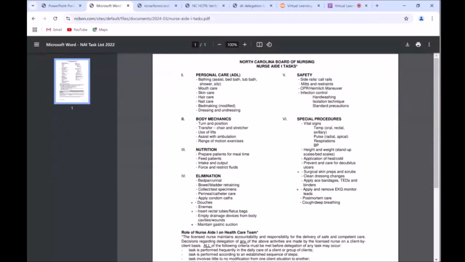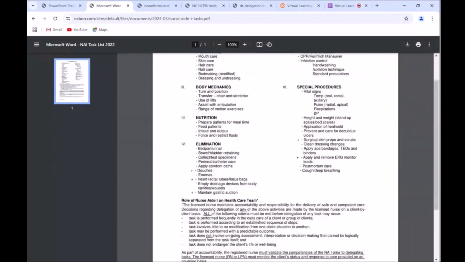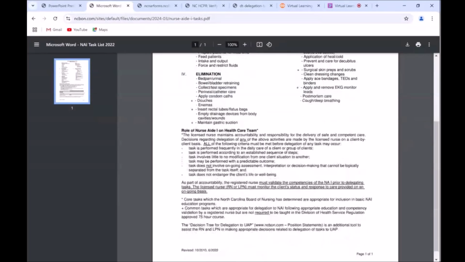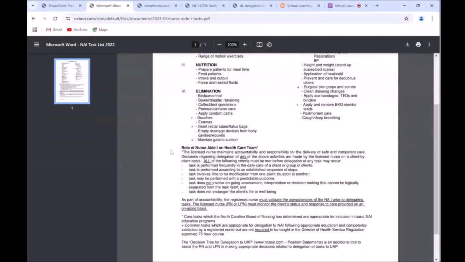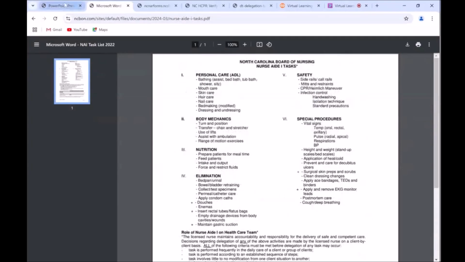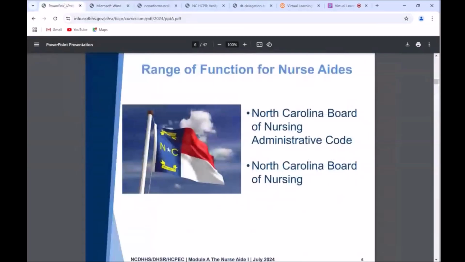Type in NA1 tasks for training programs. And you'll see it goes over some of the things that we're going to learn in this course. Down here at the bottom, it will talk about criteria for delegation, which we'll go over later. But do take a look at this. Nurses can delegate other tasks that fall within a range of functions for nurse aides if those tasks meet specific criteria before the delegation of that task occurs.